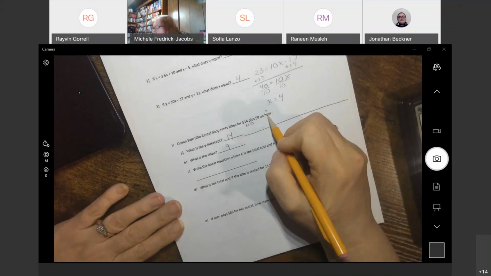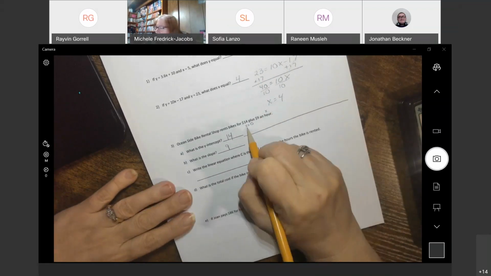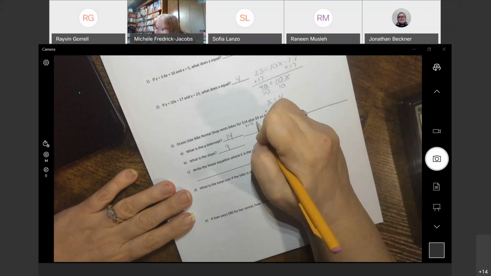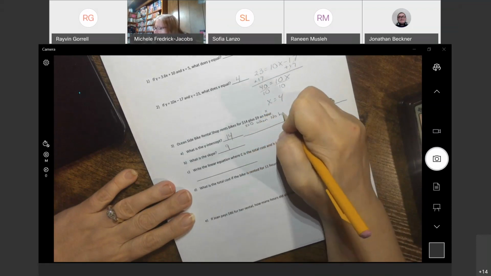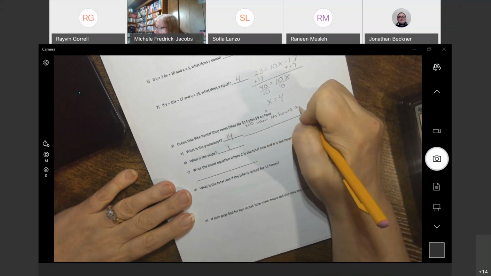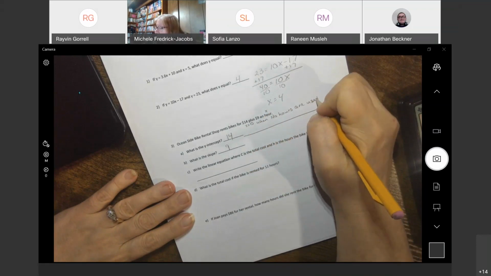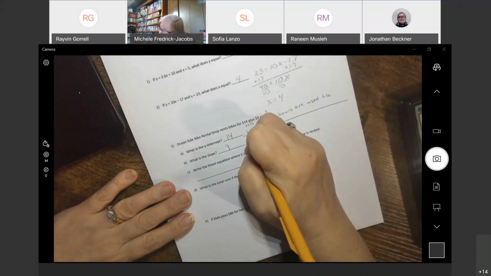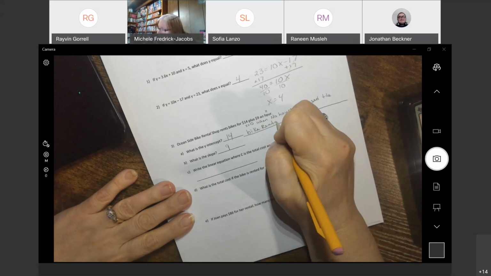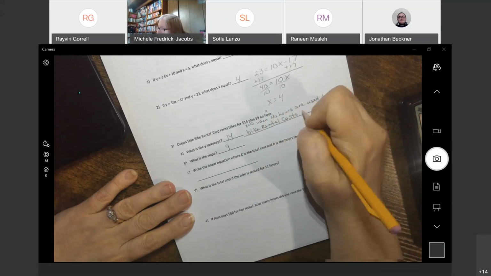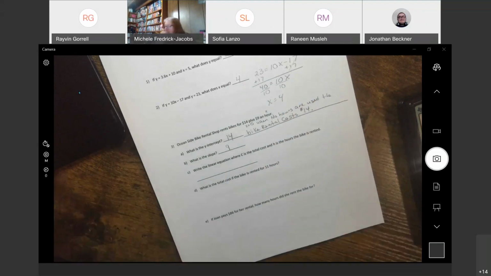So if this is our hours, and we're using 0 of them, when no hours are used, the bike rental costs $14. So even if you don't ride the bike, you still have to pay the $14.